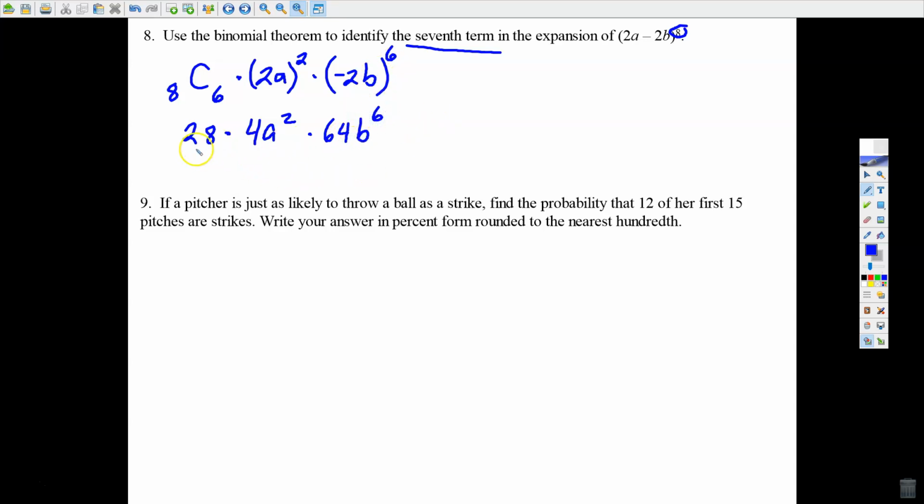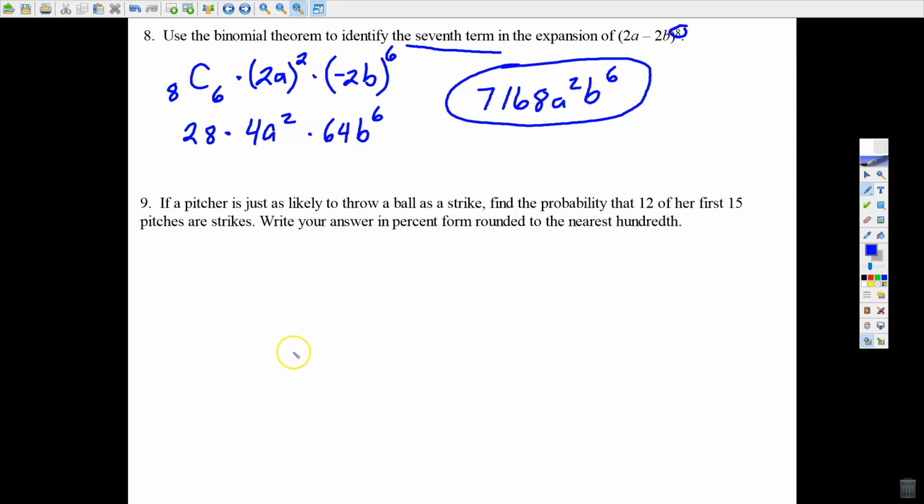And now we just multiply the coefficients together. So if you have your calculator, you can do 28 times 4 times 64. And that's 7,168. And then a to the second, b to the sixth. That's our answer for number 8.